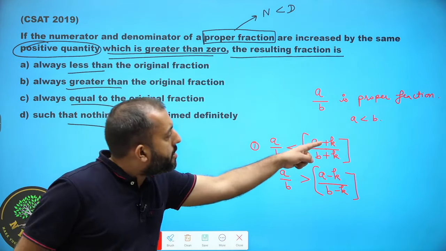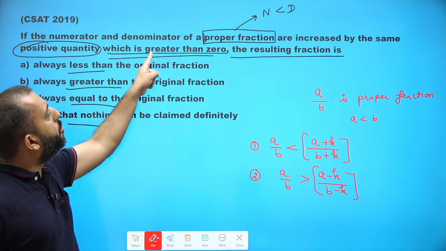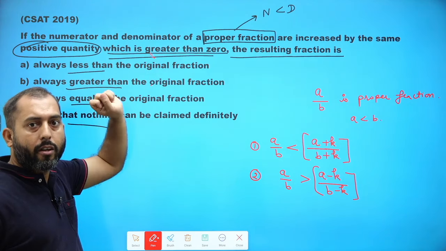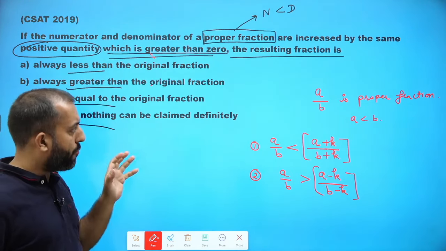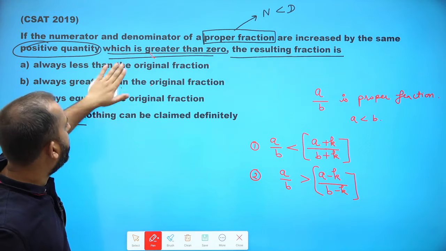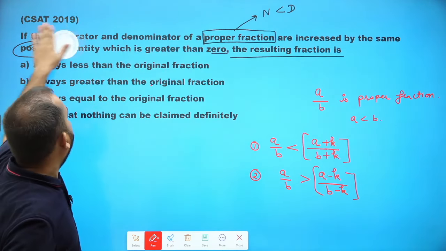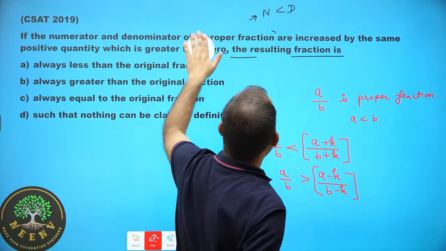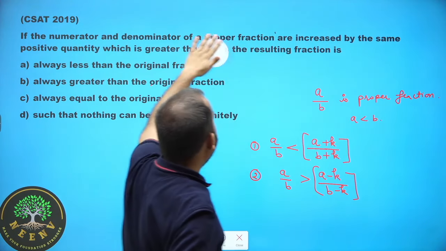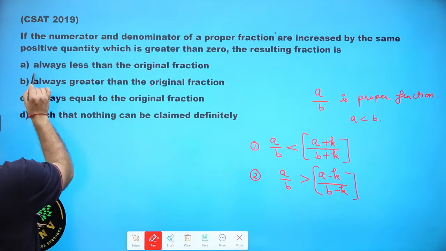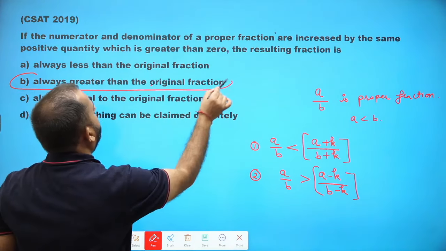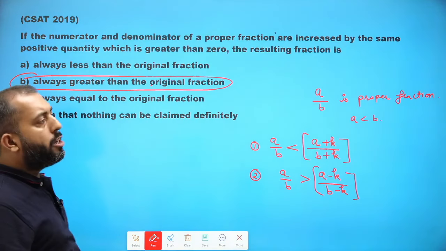Now remember, this quantity should be greater than 0. Let's verify this. If you know this concept, you can see option B is going to be the right choice, always greater than the original fraction.